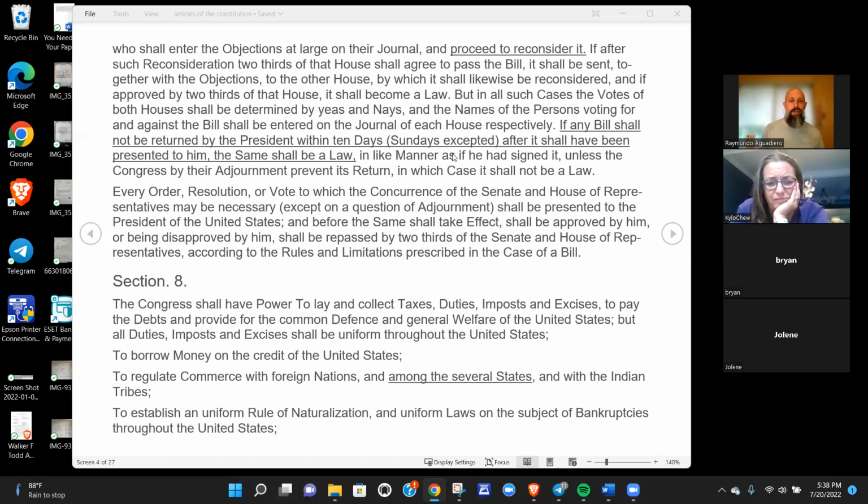Okay, they can regulate commerce with foreign nations and among the several states and with the Indian tribes. So this clause right here is what gives the federal government the capacity to regulate commerce that happens between states. And when you start to think about that, it's almost every business.